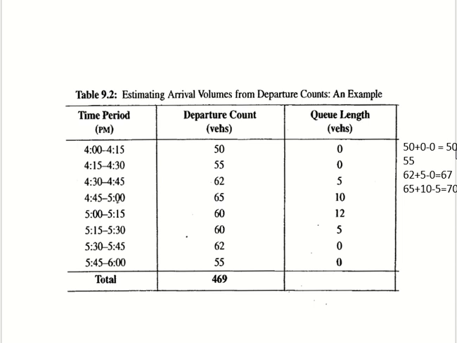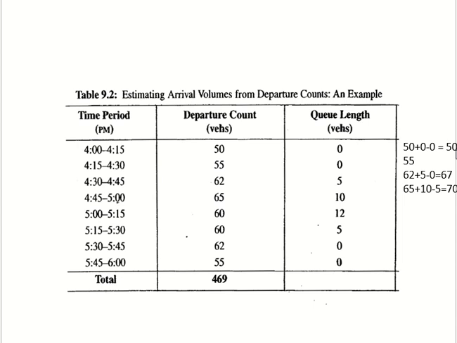Now, if I reach the end, can somebody tell me the last value? What will be the last value in this column? 55. Why 55? Like these values were the same at the start. Why were they the same?